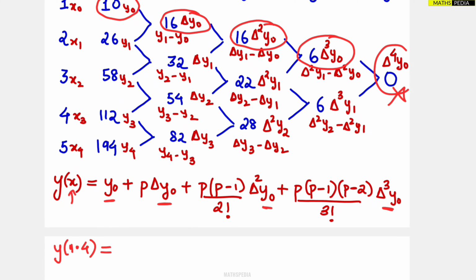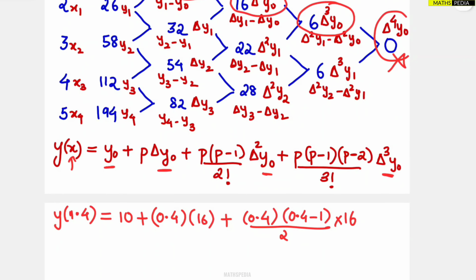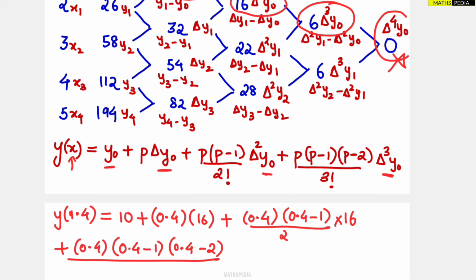Now what is the y naught value? 10, plus p value 0.4 multiplied with delta y naught value 16, plus p value again 0.4, and so on. Just keep on substituting. 2 factorial is 2 into 1, so it is 2. Delta square y naught is 16. 3 factorial is 3 into 2 into 1, which is 6, into delta cube y naught, which is 6.